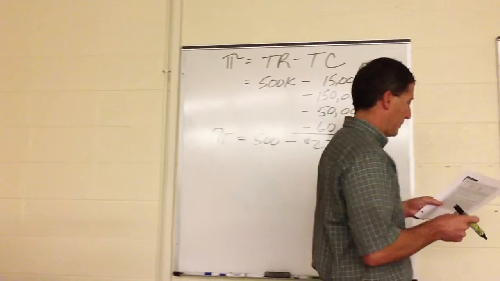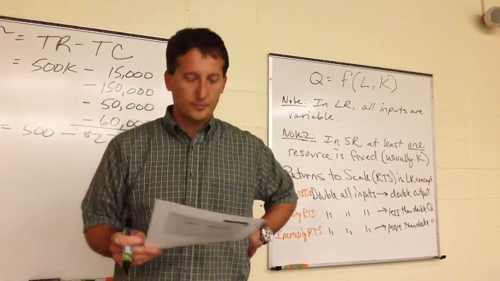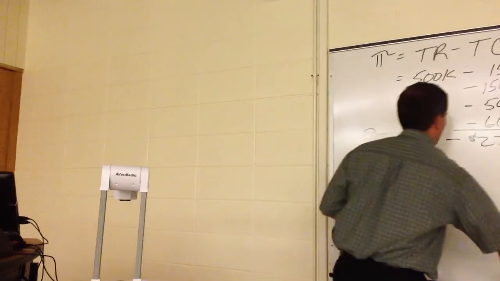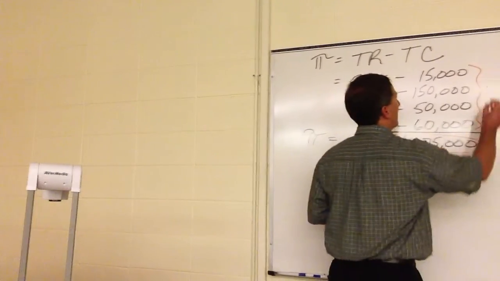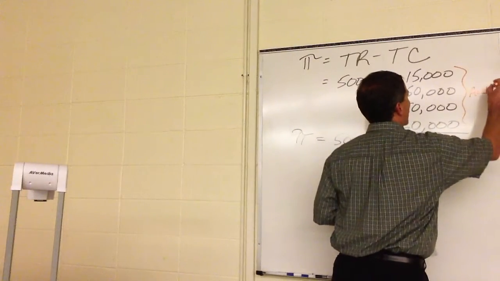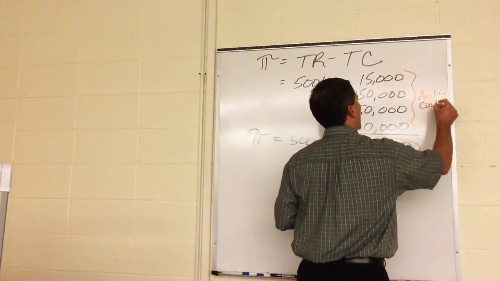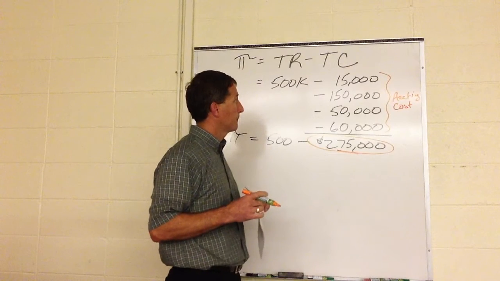Now, part B, what about economic cost? So the accounting cost is what, 275? Yeah, the accounting cost is 275. So these are all the accounting cost. Is economic cost higher or lower than accounting cost? Lower? Why?